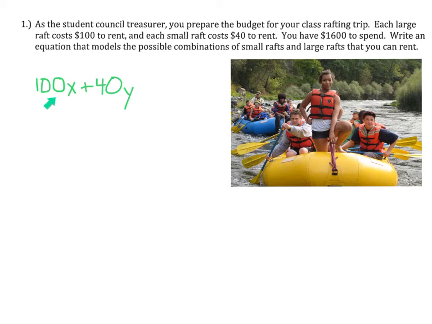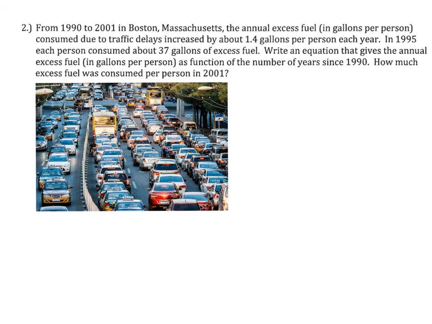So 100x tells us how much total money we're going to spend on large rafts. 40y, 40 times y, tells us how much total money we're going to spend on small rafts. And if we add the cost of the large plus the cost of the small together, it has to equal 1,600 because that is how much we have to spend. So this equation right here is the best choice to model this type of situation.